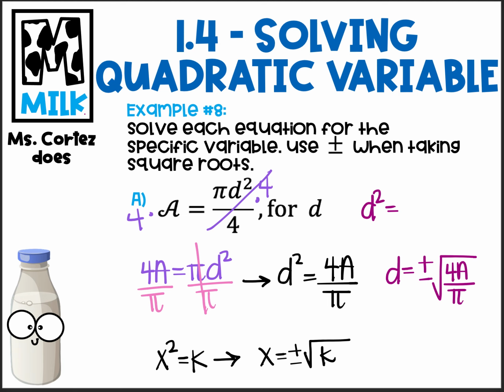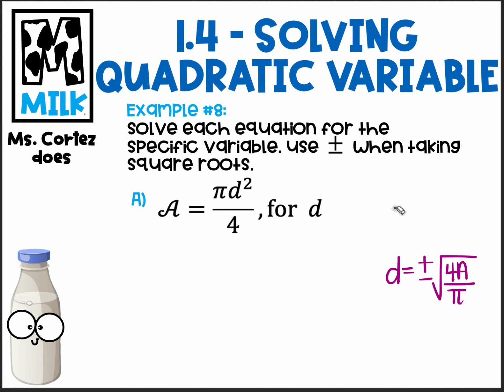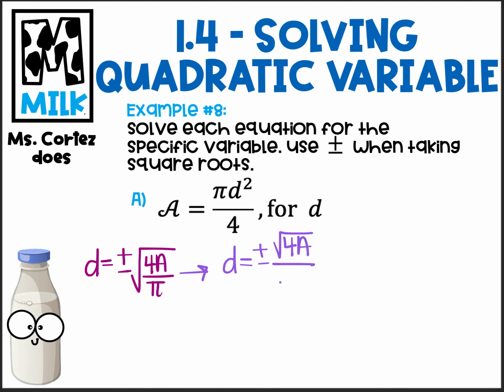Let me erase all the work that I did up to this point, and I'm going to focus on my answer right now. I'm going to use the simplifying radicals property that we reviewed at the beginning of this chapter. And now I have d is equal to positive and negative the square root of 4a divided by the square root of pi.